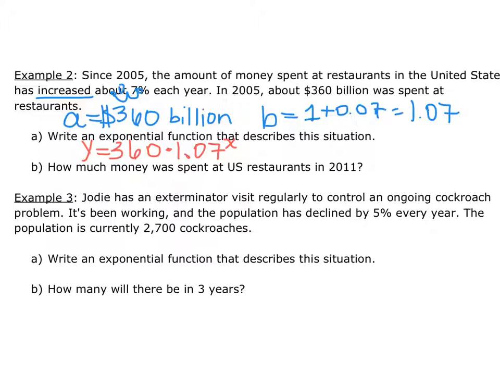So on part B, exactly. Part B says how much money was spent in 2011. That's 6 years later, right? So here we're going to replace x with 6. So I'm going to say y equals 360 times 1.07 to the 6th power.